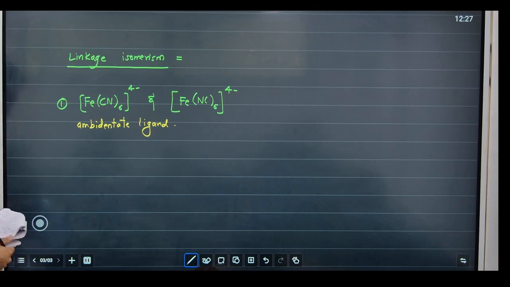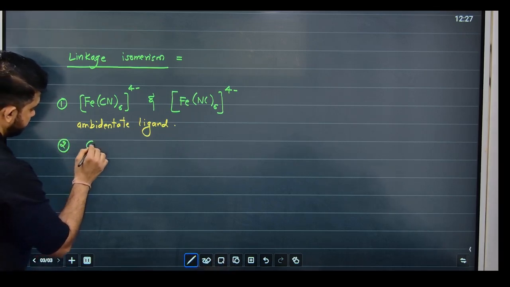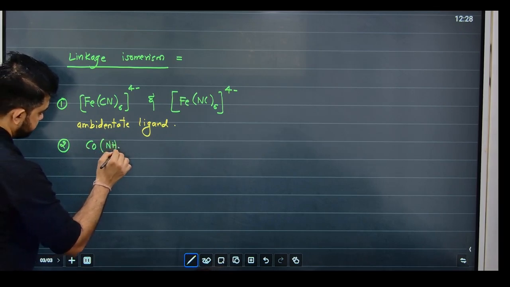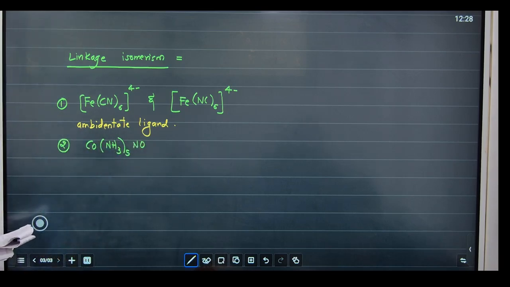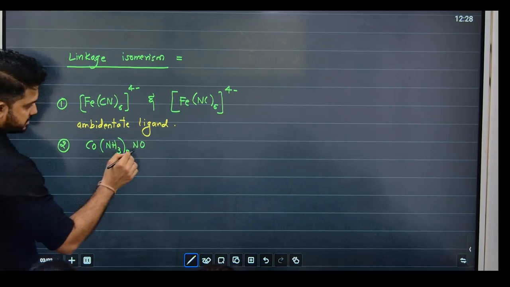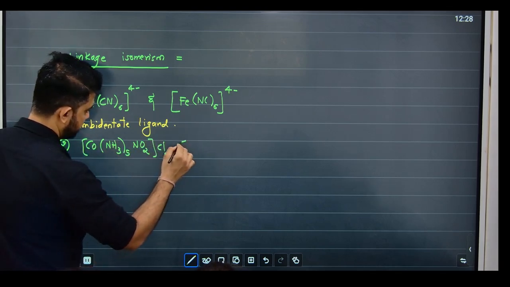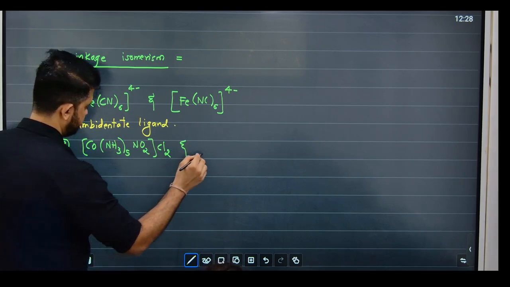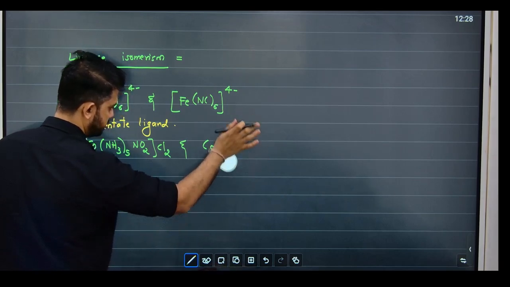Observed in case of ambidentate ligands where there are two possible coordination sites.